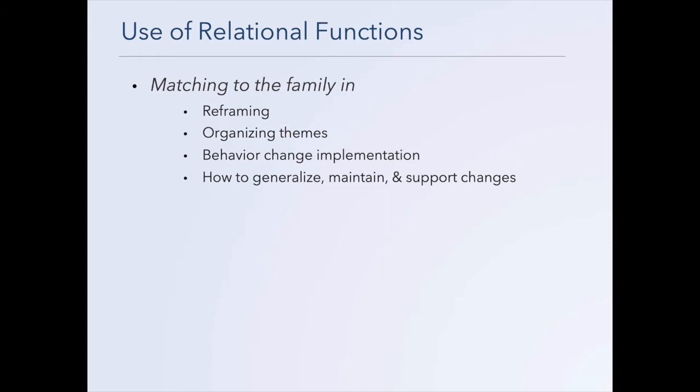Third, you can also match to the family by matching behavior change interventions or by putting into practice those skills they're learning in other treatments in a way that matches to the family. Again, think about it. For a family that is a 5 on relatedness, like they are very intertwined, you want to make sure that whatever behavior change skill you're using in the high risk category, in the high risk track, make sure that it has a high degree of intensity, that it's frequent, that there's a lot of quantity to it.